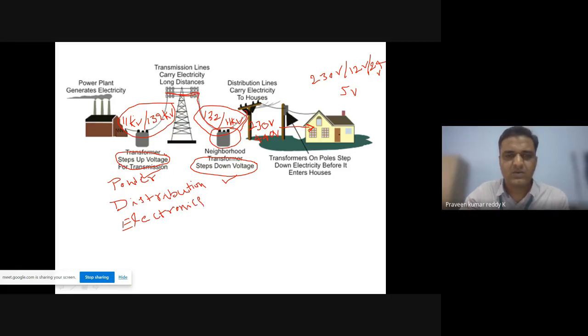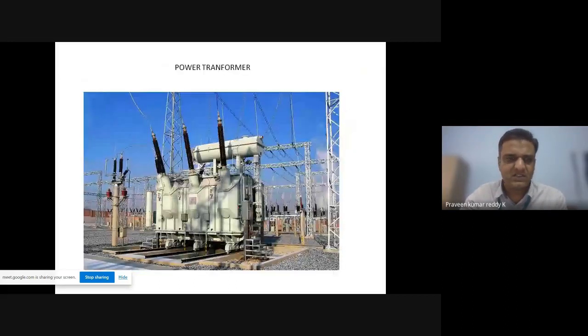Okay, so how do they look physically? Before going to the construction side, you might have seen transformers somewhere on the roads. This is a power transformer, which is of very big size. If it is a step up transformer, it will step up from 11 kV to 132 kV.